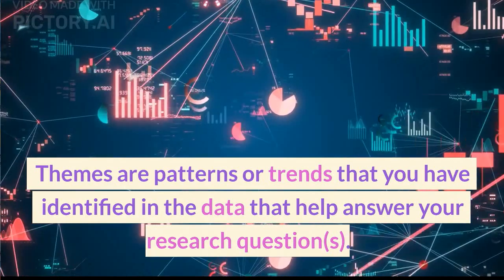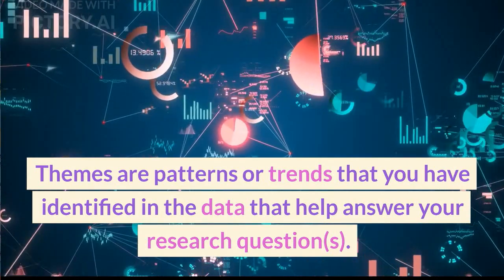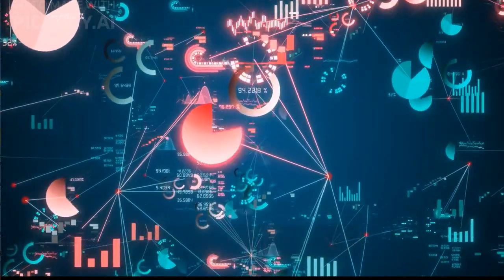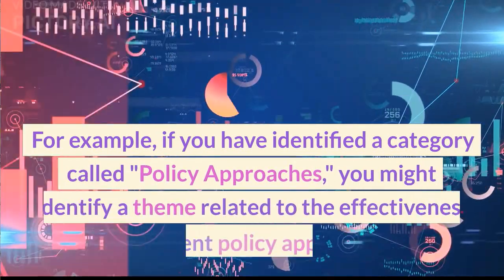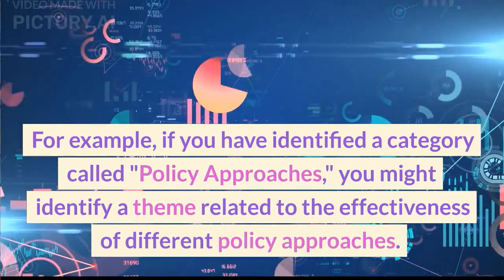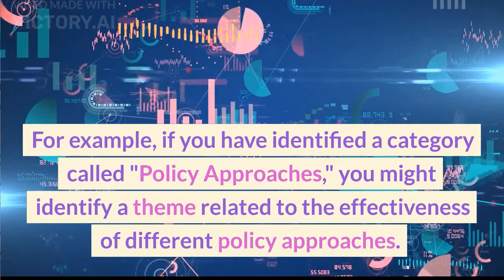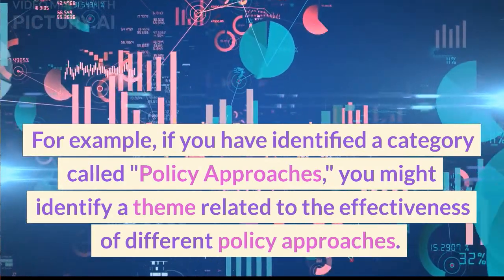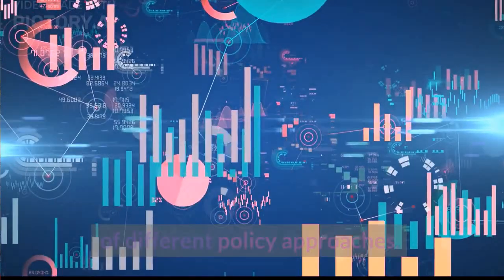Themes are patterns or trends that you have identified in the data that help answer your research questions. For example, if you have identified a category called policy approaches, you might identify a theme related to the effectiveness of different policy approaches.